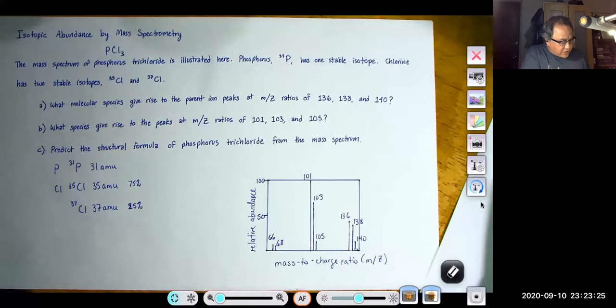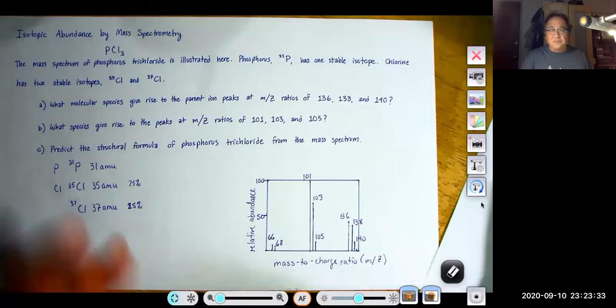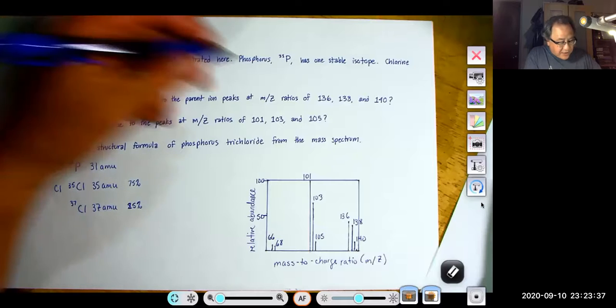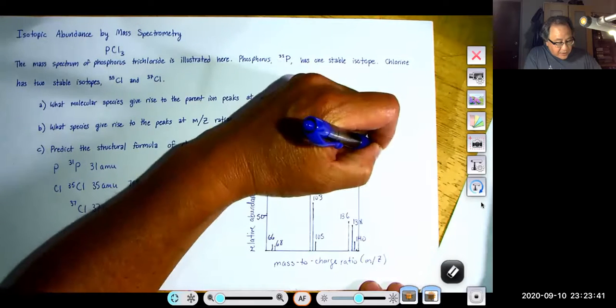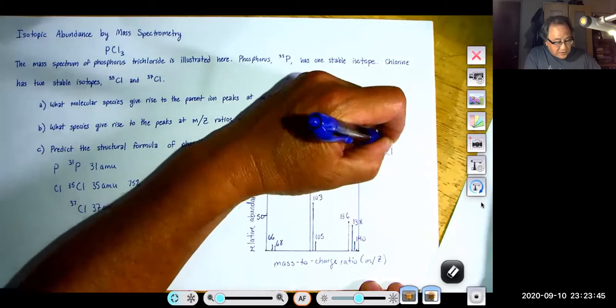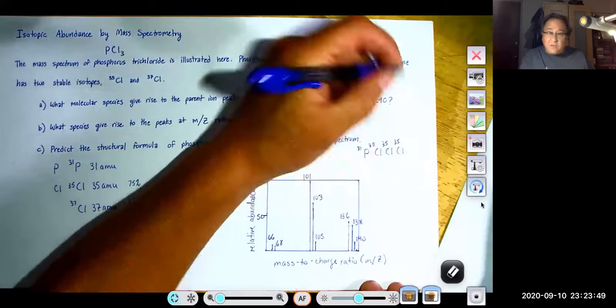So let's take a look at this 136, 138, and 140, and this little tiny blip at 141. What might those be? Well, if you have a phosphorus and 3 chlorines, you could have a phosphorus 31, a chlorine 35, a chlorine 35, and a chlorine 35. So this is one molecule.